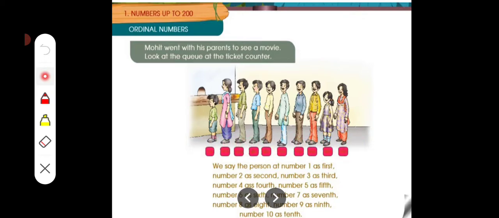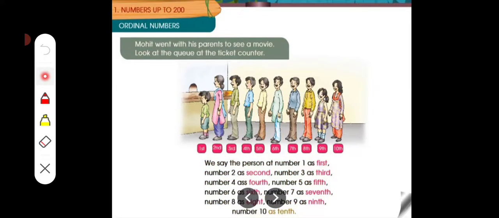Now here we are going to know the order. They all are standing in order, no? See first, second, third, fourth, fifth, sixth, seventh, eighth, ninth, tenth. How should we read this one? First, second, third, fourth, fifth, sixth, seventh, like this.